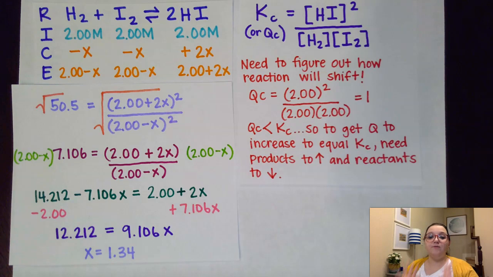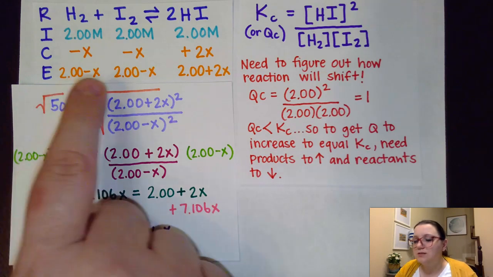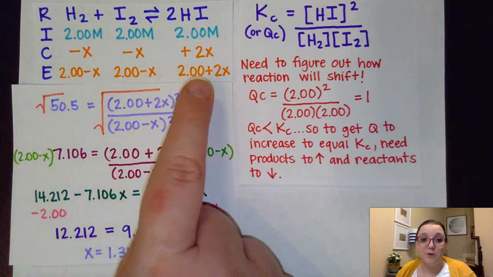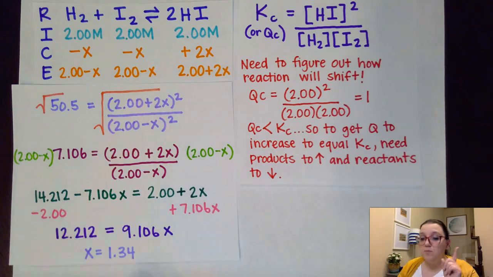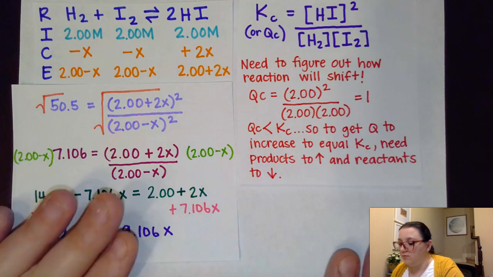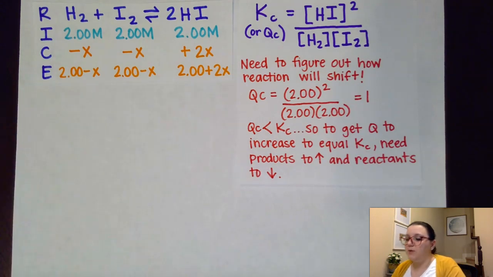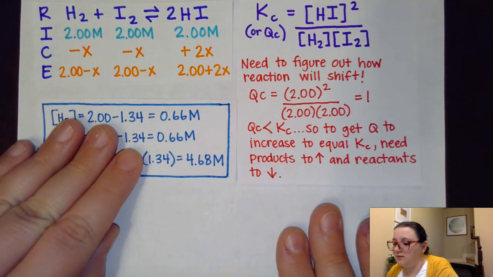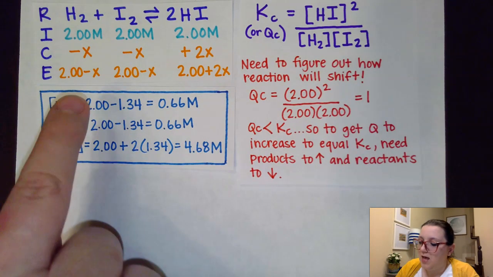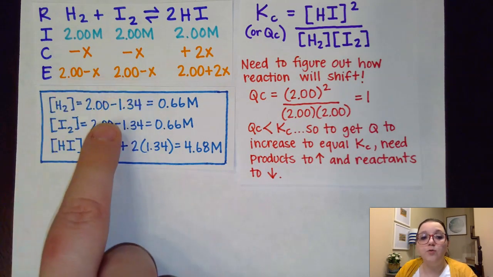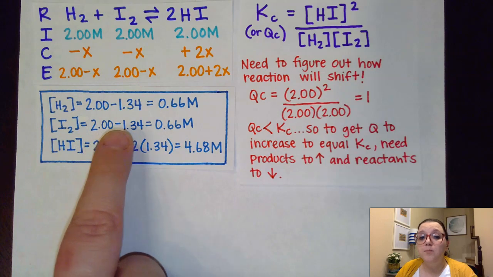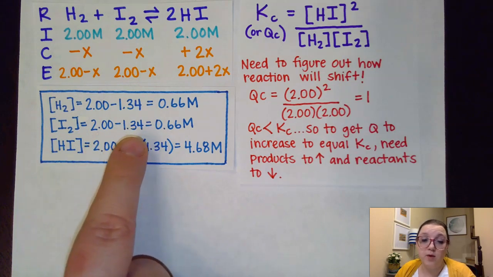So now that I finally have x, now I can use that to solve what these concentrations were at equilibrium. So remembering that x is 1.34, here's what I did to finish solving this. I said that, hey, H2 and I2 were both 2.00 minus x, x being 1.34.